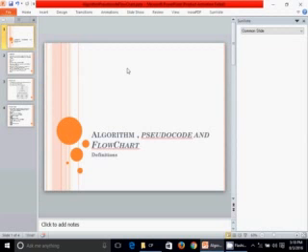Two steps in solving the problem. First one, identifying and providing a solution to the problem. That is the first step. Example: algorithm, flowcharts, pseudocode.